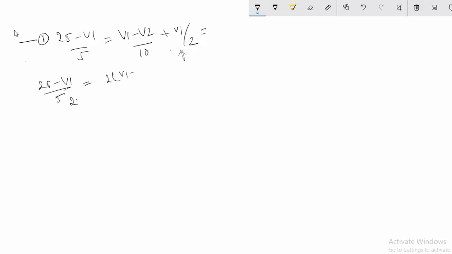If you want to multiply it here, it will become 10v1, and here it will become 20, and again this will cancel, and you can take the 2 common here, so this will become 5 here, and if you are solving, it will become 50.